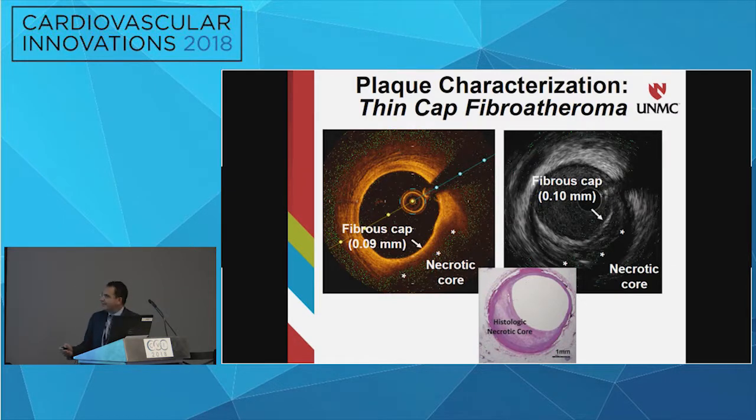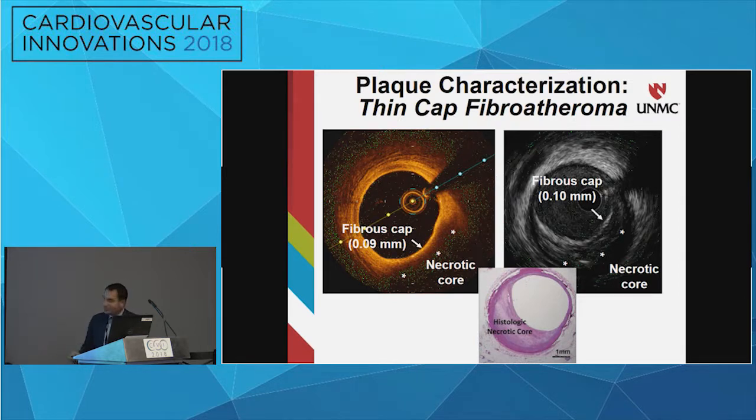This is a thin cap fibroatheroma. You can appreciate the thin cap measuring 90 microns by OCT, and the acellular, low signal, void necrotic core by OCT. And now with the advent of high definition, we have the ability to also see the thin fibrous cap by IVUS, by ultrasound.